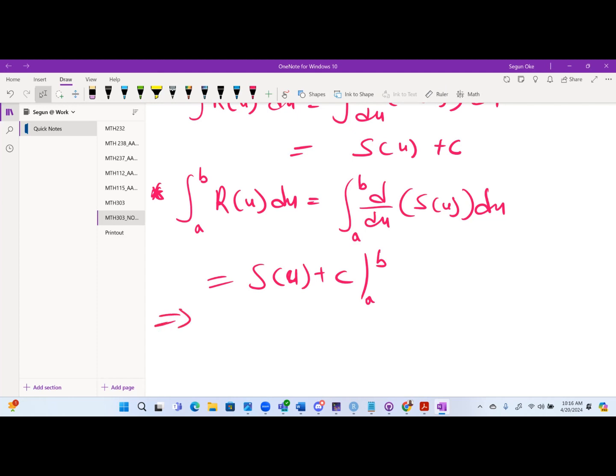Arbitrary constants, upper limit minus lower limit. You don't need to substitute anything to c. We treat it as a constant, and anything multiplied by constant is constant. So substitute upper limit, which is S of b, minus lower limit, which is S of a. So that is what they ask us to do. In this case, we call this the definite integral. Definite means you have a limit, you have a value for your integral.